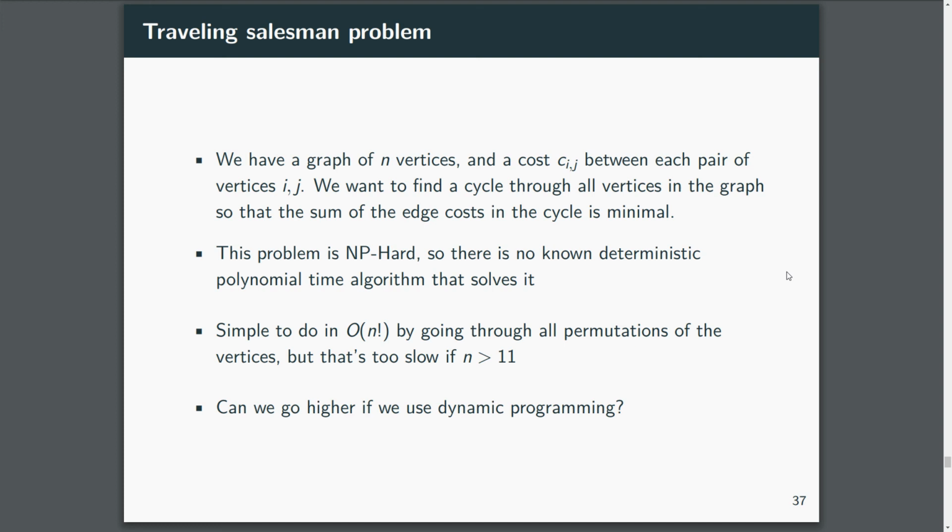What we could do is fix the permutation that we want to try, and do that for all permutations, and we just take the minimum value over all the permutations. But we can only get to around 10, maybe 11 with that, if we have 1 second. So let's try to reach higher by using dynamic programming.